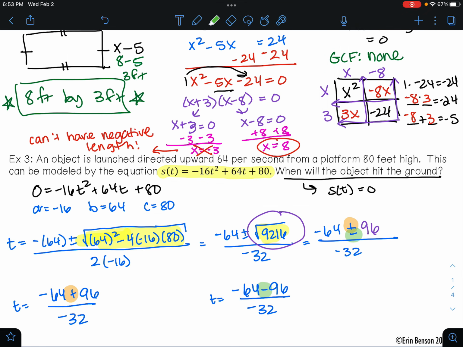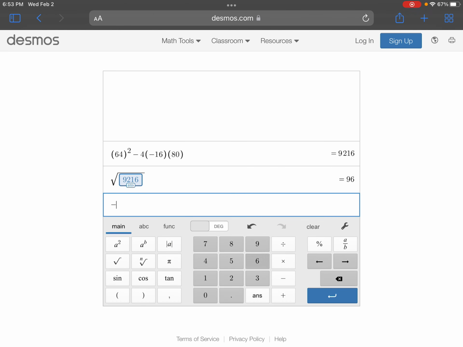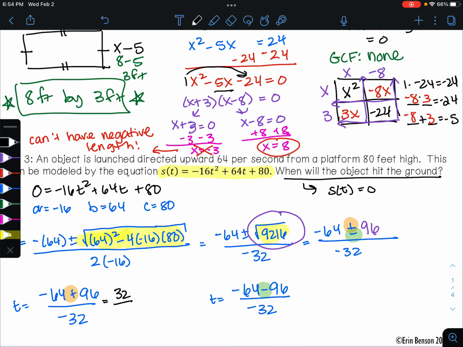So that's where the two problems come from. So when I do this, negative 64 plus 96 equals 32. Divided by negative 32 is negative 1.